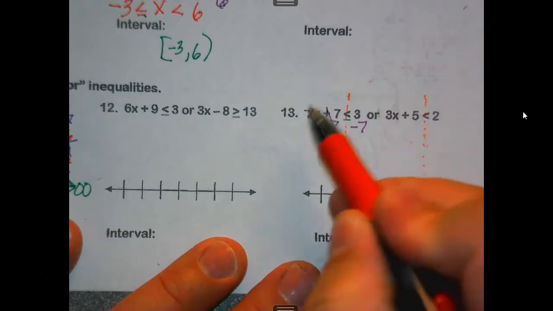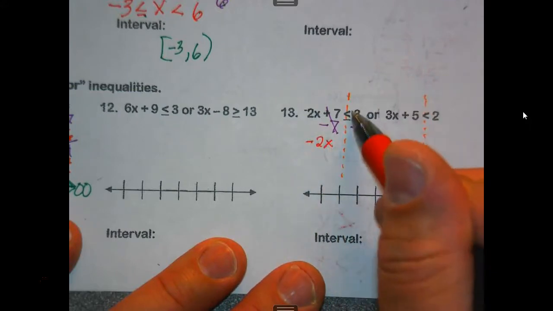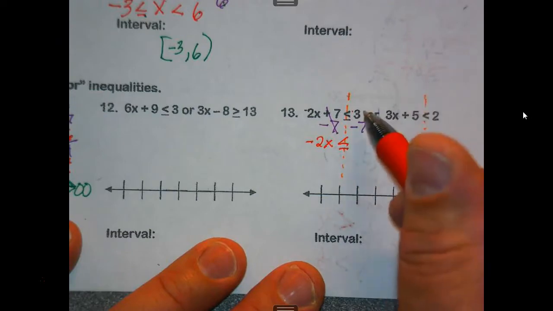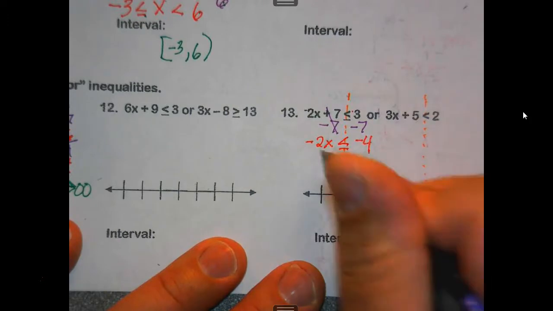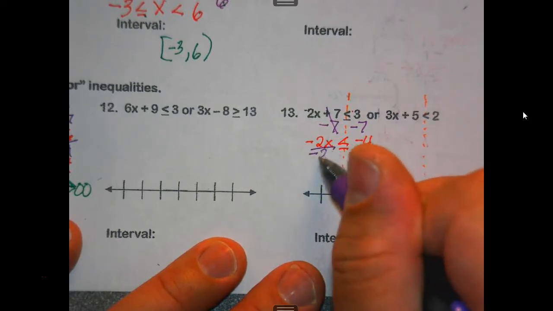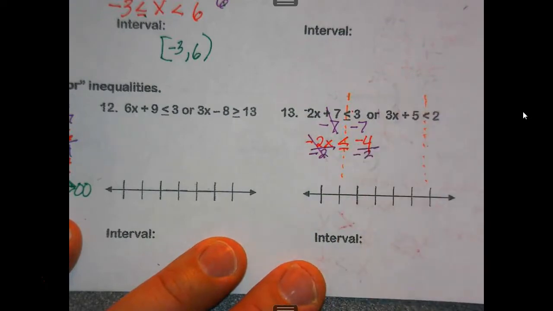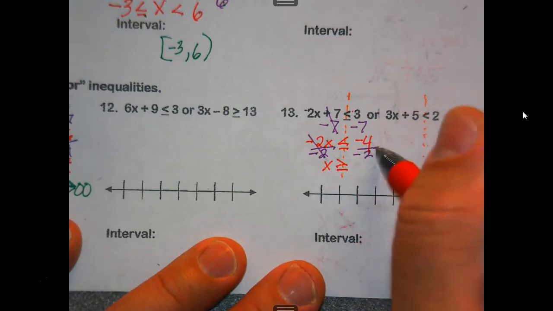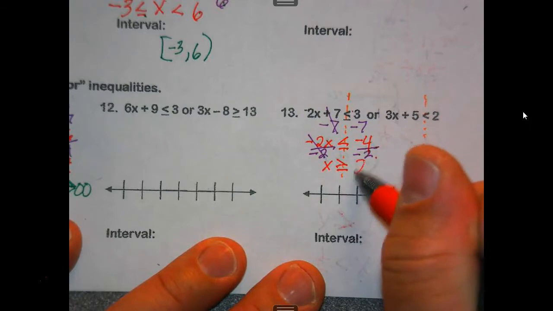So I get negative 2x is less than or equal to, stays the same because I'm subtracting, negative 4. Then I'm going to divide both sides by negative 2. This time I have to do what to the sign? Flip it because I'm dividing by a negative number. And I get x is greater than or equal to 2.